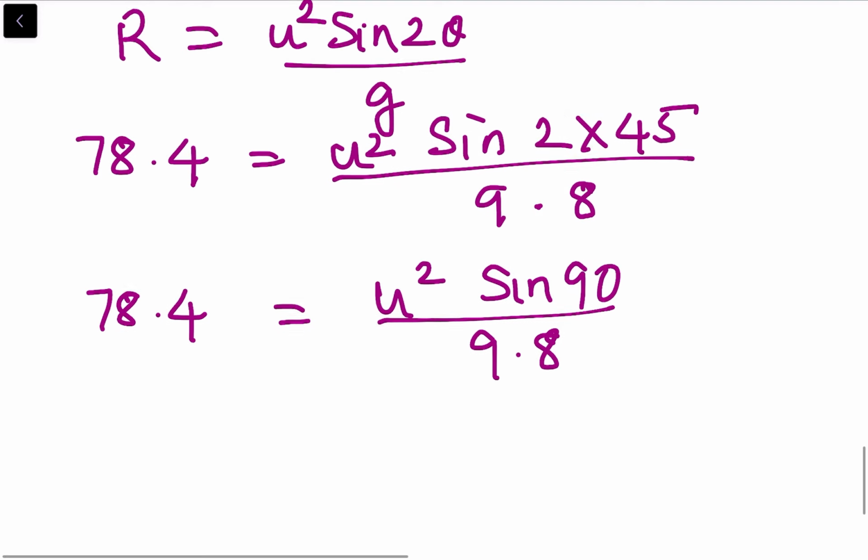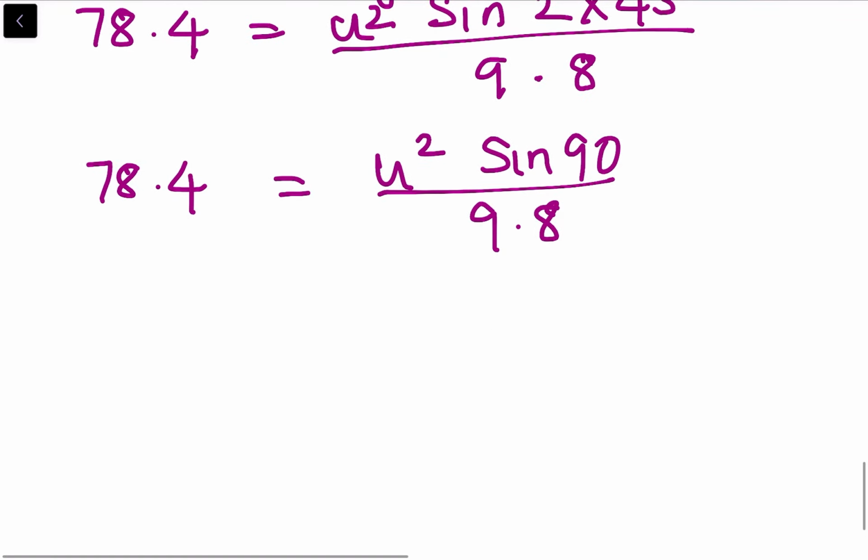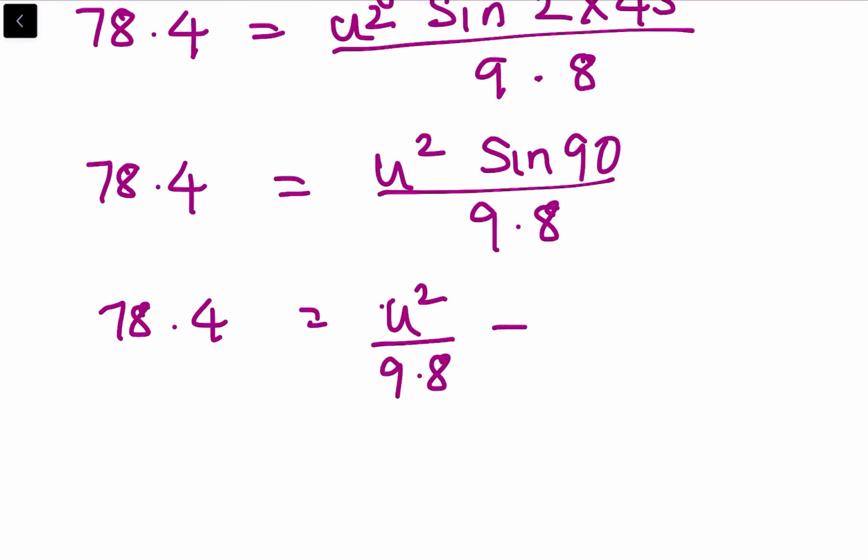But sine 90 is equal to 1. So therefore you will get 78.4 is equal to u square by 9.8. That is u square is equal to 78.4 into 9.8.